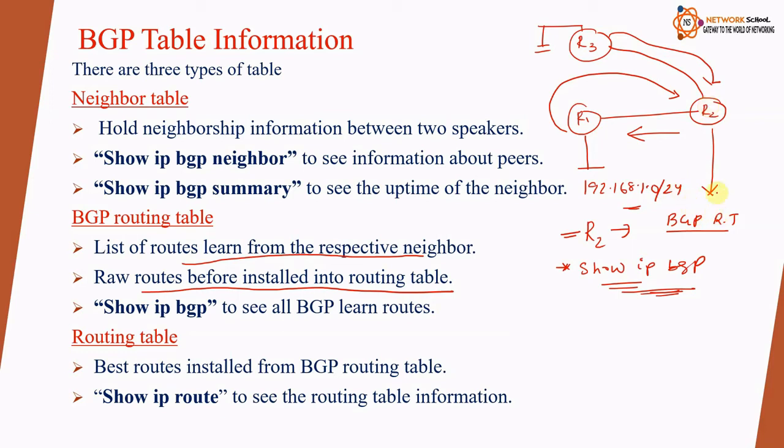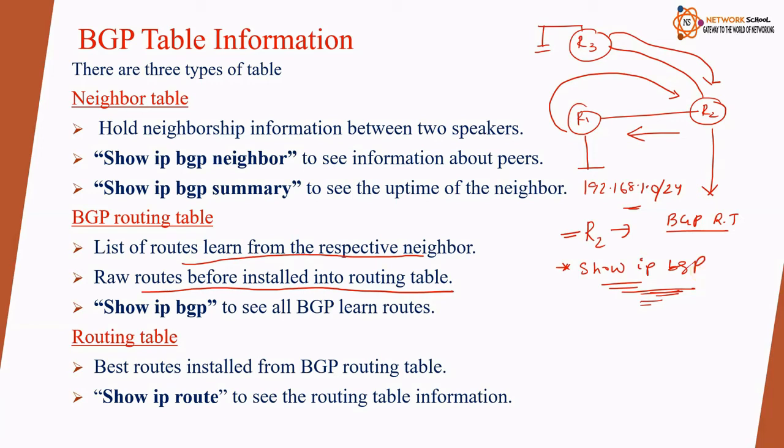So these are the prefixes that you will be learning from the neighbor, and before installing those prefixes into the routing table, they go into the BGP routing table. So these are only BGP routes, nothing else.